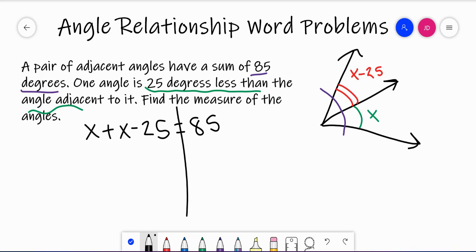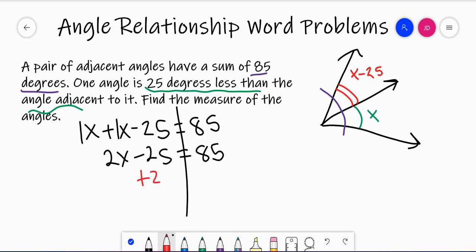Combine my like terms. Again, there's a 1 in front of each x, so 1x plus 1x is 2x. And then I add 25 to both sides, and I get 2x is 110.